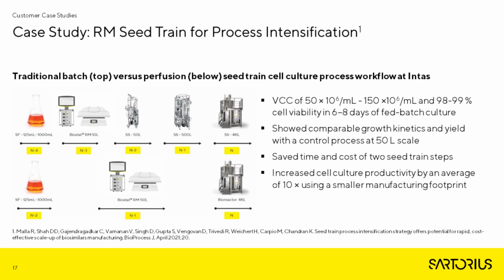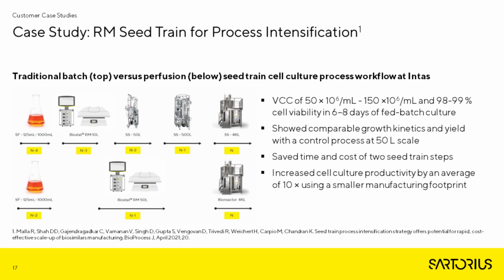So the customer was still working with an N-2 stage with a shaking flask, then continuing into the Biostat RM50 liter in the perfusion mode. That would then inoculate the production bioreactor of 4,000 liter.